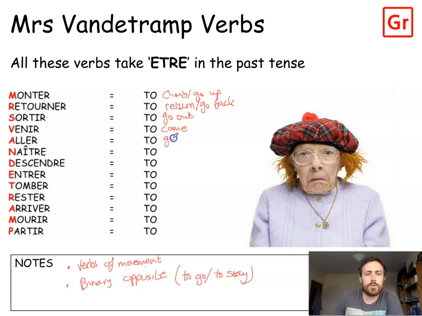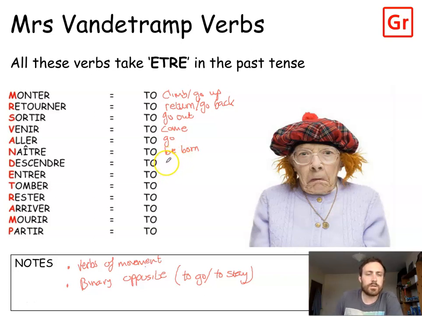Aller is to go. Naître is to be born. This is one that's not really a verb of movement, it's a bit of an exception. It does have a binary opposite, which we'll look at further down the list, which is to die. I guess it's a verb of movement in the sense that you're being born into the world.